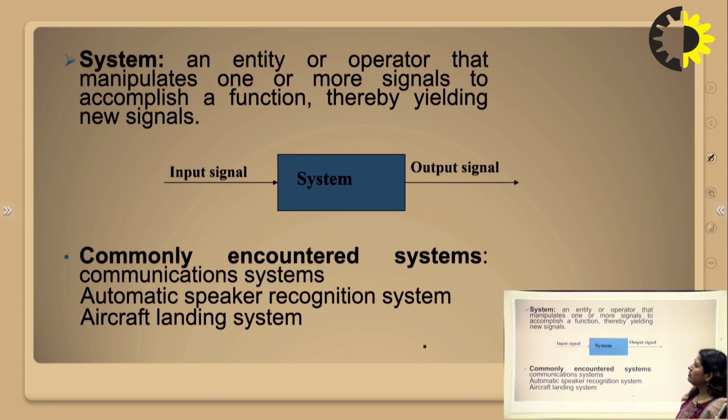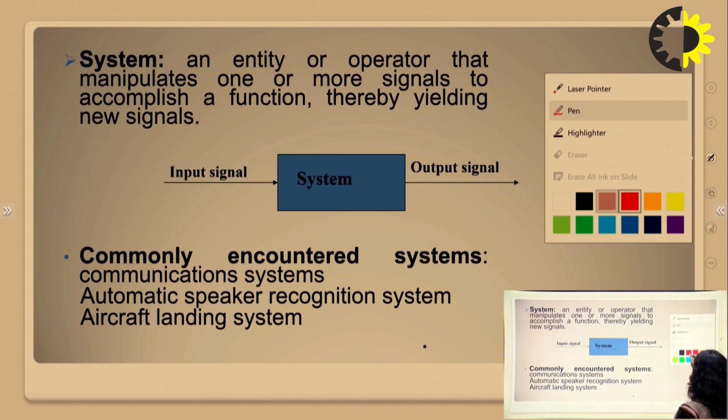Now we will discuss the particular system on which these signals are applied. A system is basically an operator which gives some output with respect to some input applied to it. Here we discuss the system as a linear time invariant system, called an LTI system.